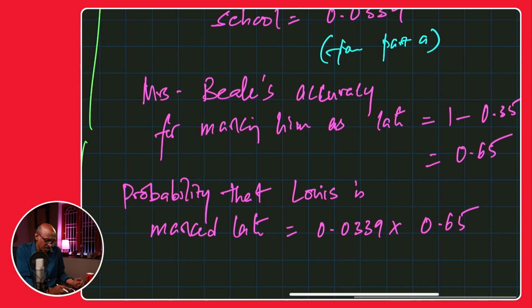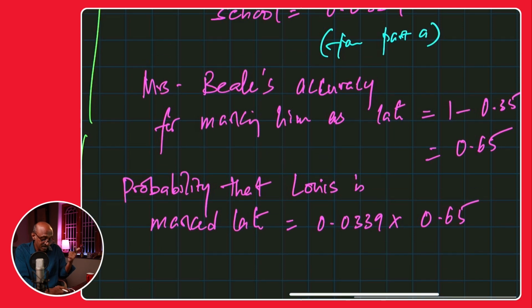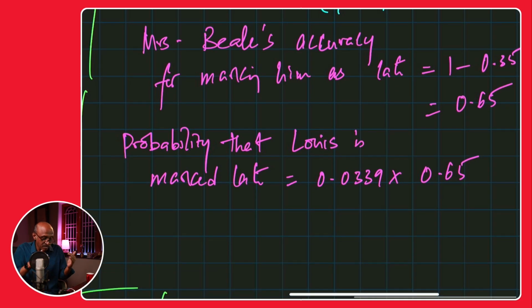I hope this is clear, because he needs to be late, then Mrs. Beale has to mark him as late. There's a 35% chance that she might not. So the probability that he's marked late, literally on the record for being late, is 0.0339 times 0.65. Now this is the probability that he's marked late on any one of those 180 days.